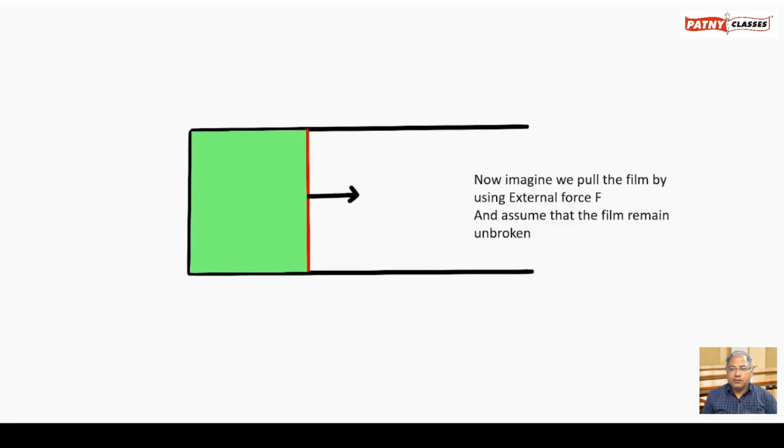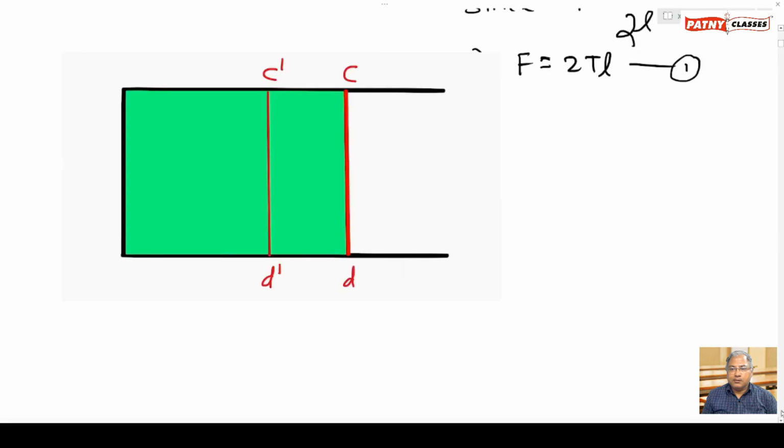Now imagine we pull the film by using an external force, and we also assume that the film remains unbroken. This F equals 2TL is nothing but due to the film.